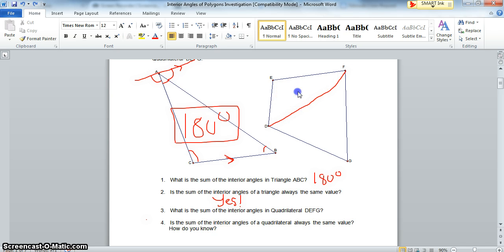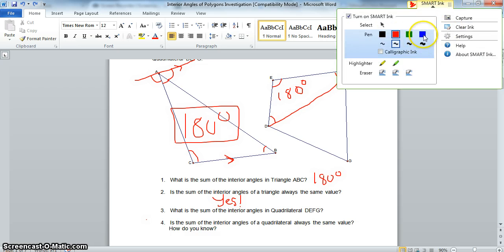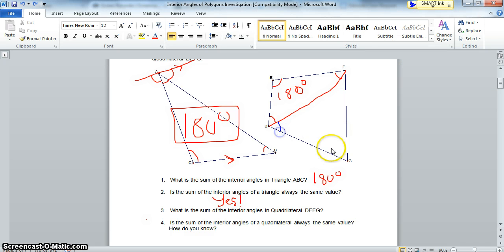So what is the interior angle sum? We have one triangle here now, and if we add up this angle plus this angle plus this angle, they equal 180 degrees. There's a lower triangle in this picture as well, and if we add up its angles, that's also 180 degrees.